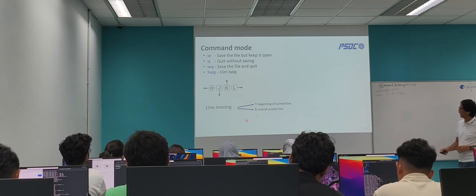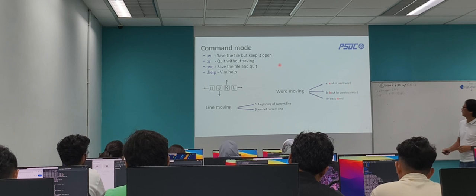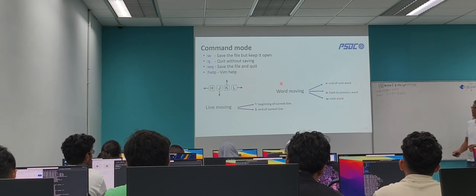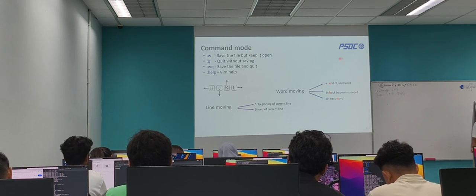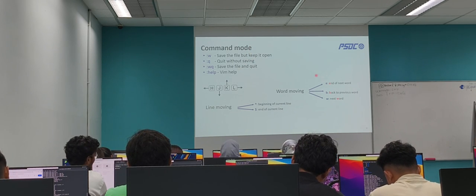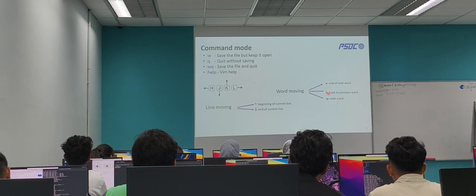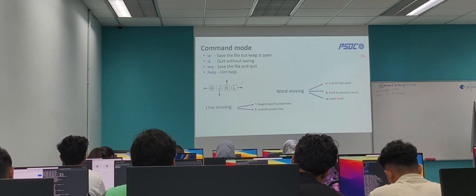So you have to experience this by opening a file. This is word moving. So you want to move one word by one word, right? B is backward one word by one word. Okay.